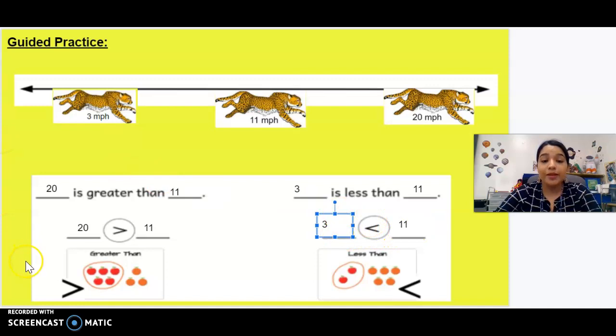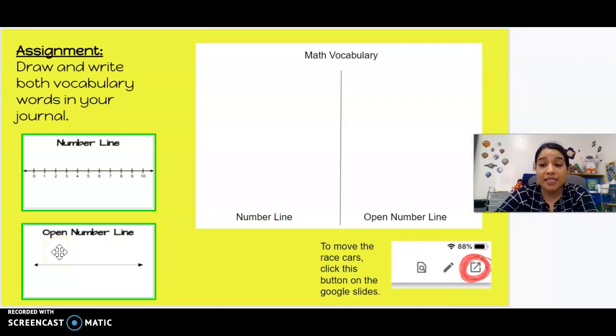So now let's look at your activity for today. Our first activity for today is to draw and write both vocabulary words in your journal. So if you don't have your journal and pencil out, get them out. We're going to write our 2 new vocabulary words.